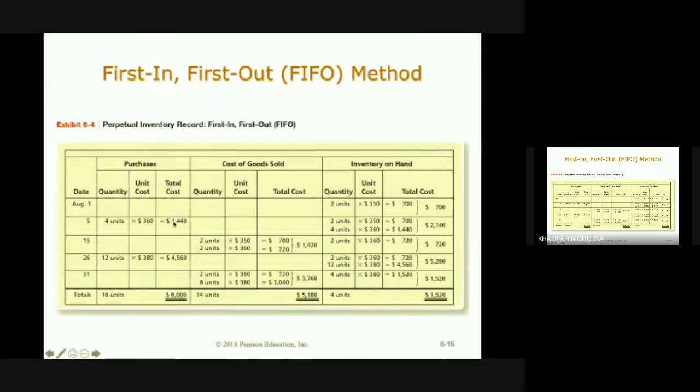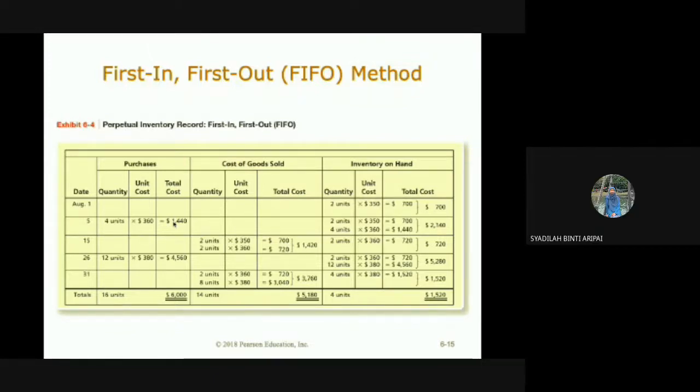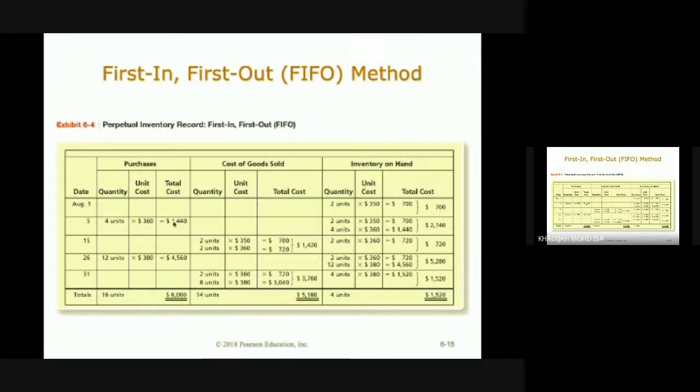My question is, what would be your goods available for sale for the month of August? 700 is your opening balance.